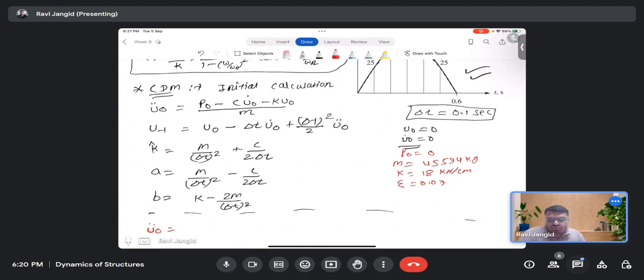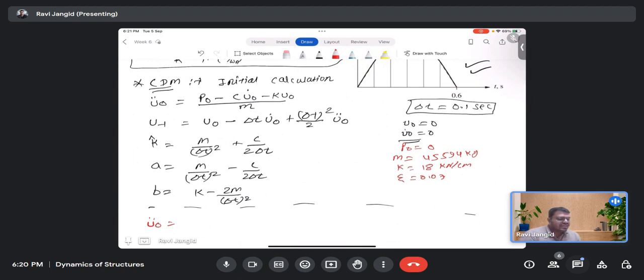So first, find out what is the requirement. Can you give me the value of u naught? For finding u naught, I have p naught, k, m, u dot naught, and u naught, but I don't have c. So c I can find as 2 xi m omega. 2 xi is 0.05, m is 45594, and omega is 2 pi by Tn.